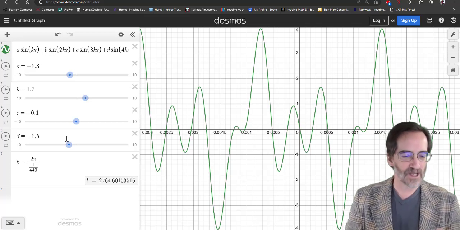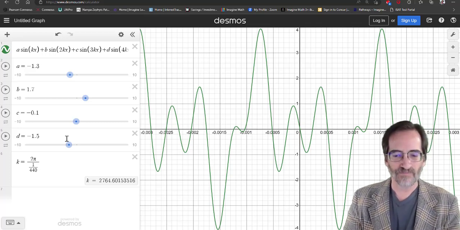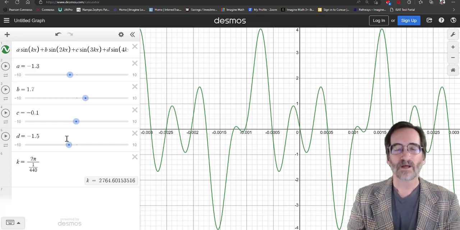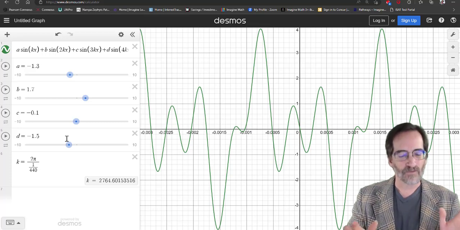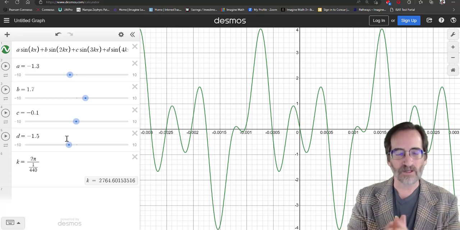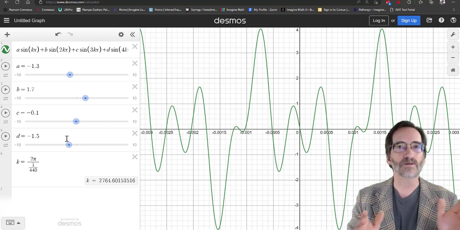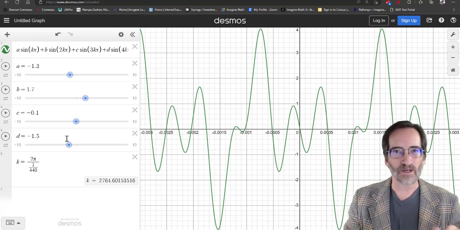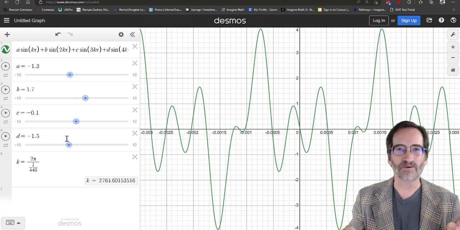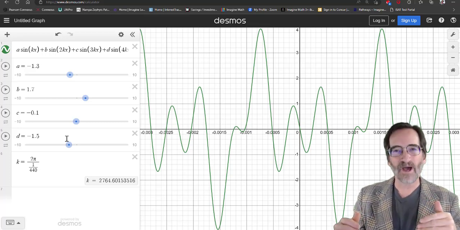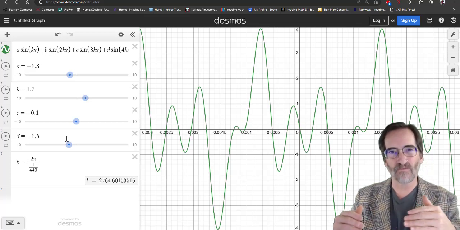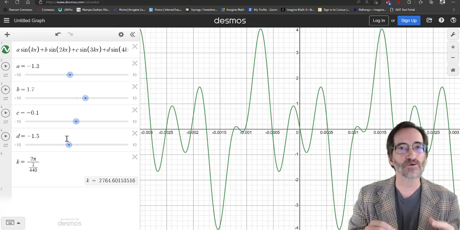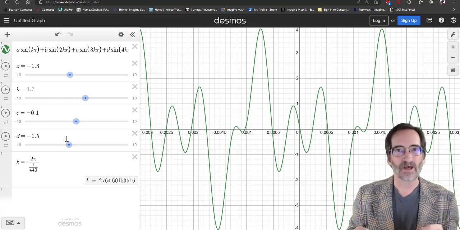Some examples that apply to music: if I can sample, we call it signal sampling, the sound from a really high quality Stradivarius violin, have someone play notes, I can then use mathematics to match that signal mathematically, and I can cause a computer to generate that signal at will.